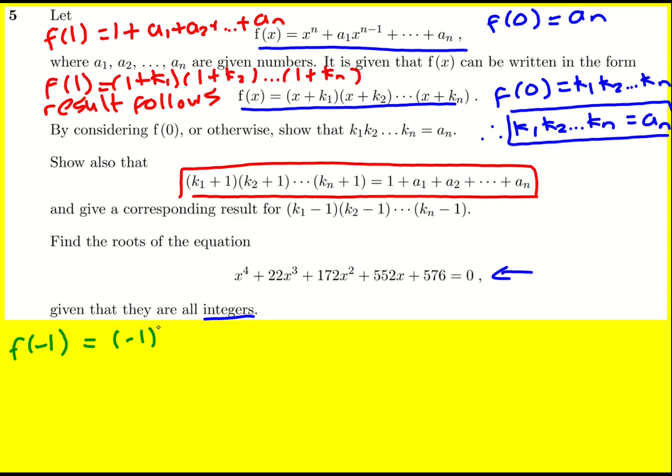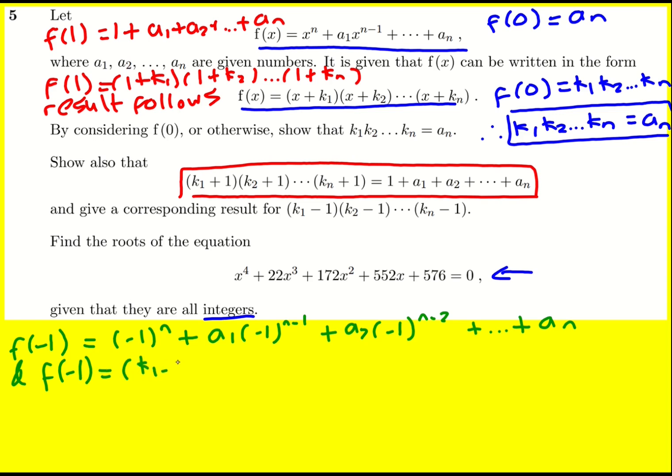I will get (-1)^n plus a1(-1)^(n-1) plus a2(-1)^(n-2) plus a_n. And by putting it into the second one, I'll get (k1 minus 1)(k2 minus 1), all the way up to (kn minus 1). And I've got my final result.